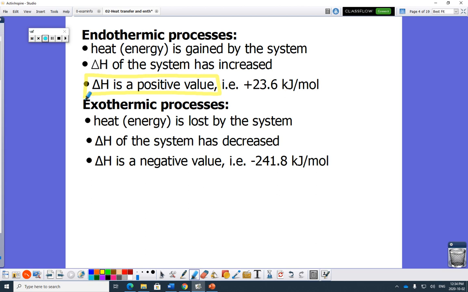So whether you do a calorimeter question like we're going to do today, Hess's law, enthalpies of formation, any of the calculations throughout this unit, if you get a positive delta H value, that means it's an endothermic process. So exothermic, remember if you like a cutesy way to remember them, heat is exiting the system. Exothermic, delta H is negative.